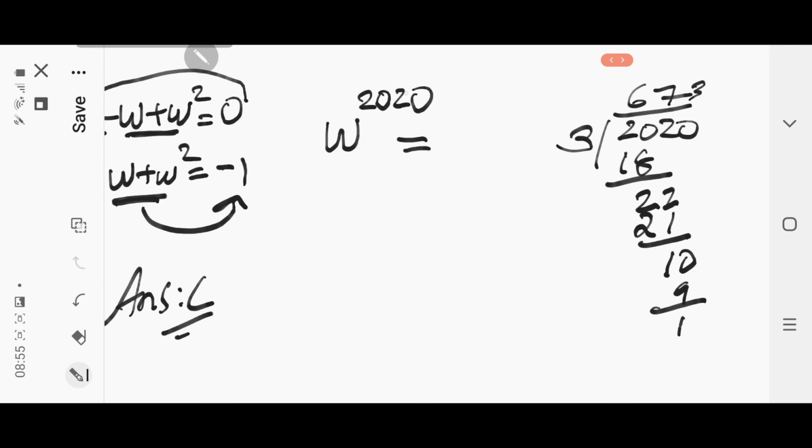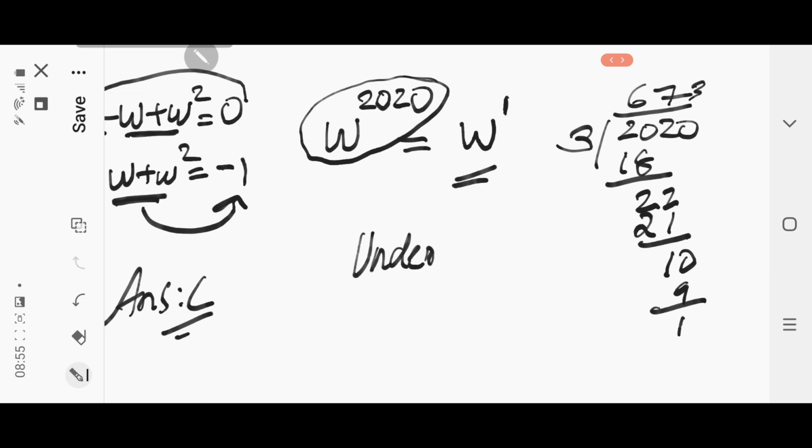Therefore, you can write omega raised to 2020 as omega raised to the remainder. That means omega raised to 2020 is omega. Understood? Is it clear?